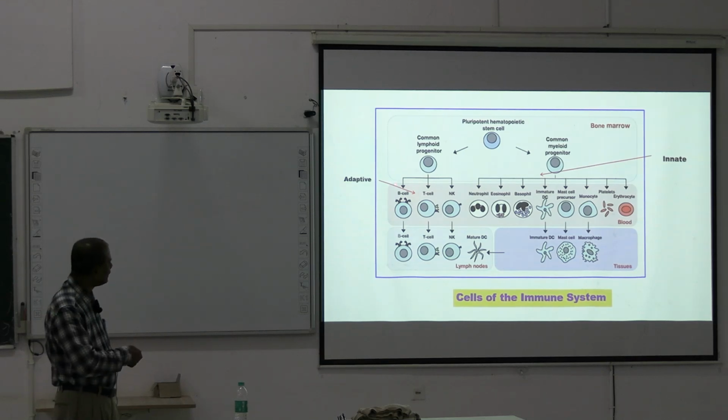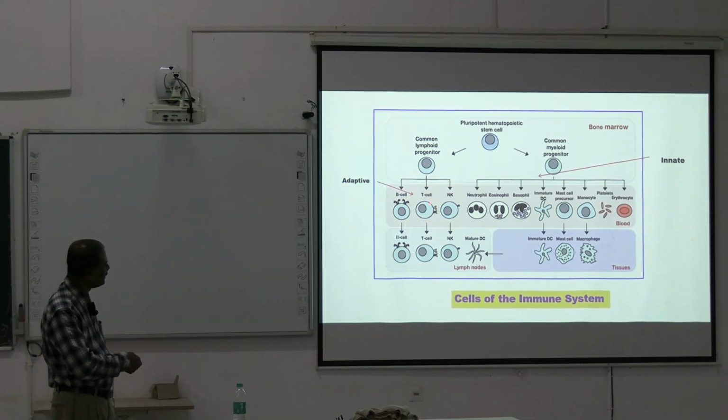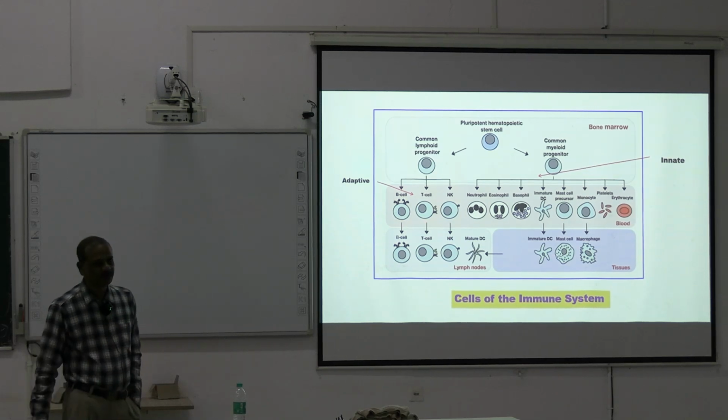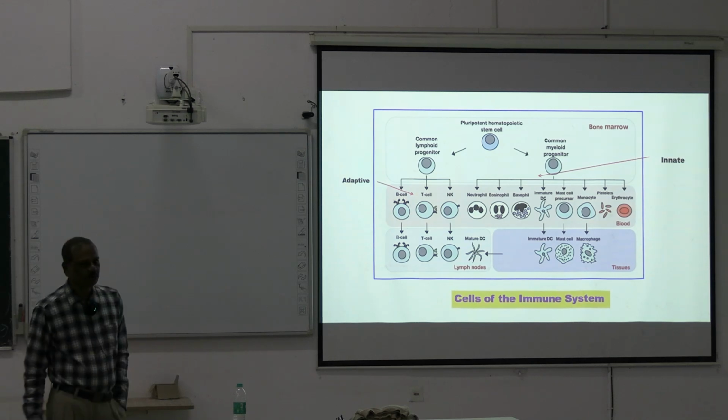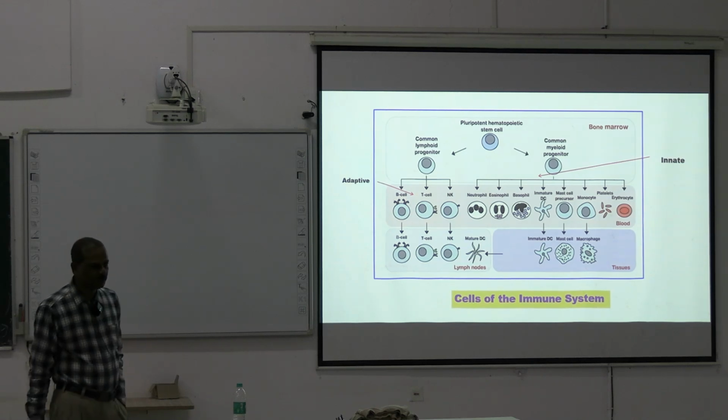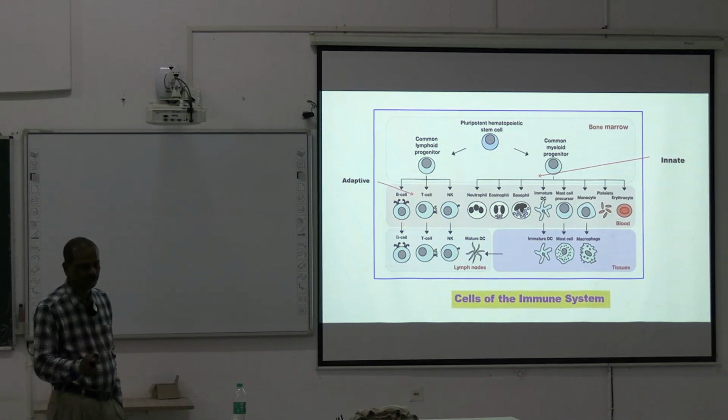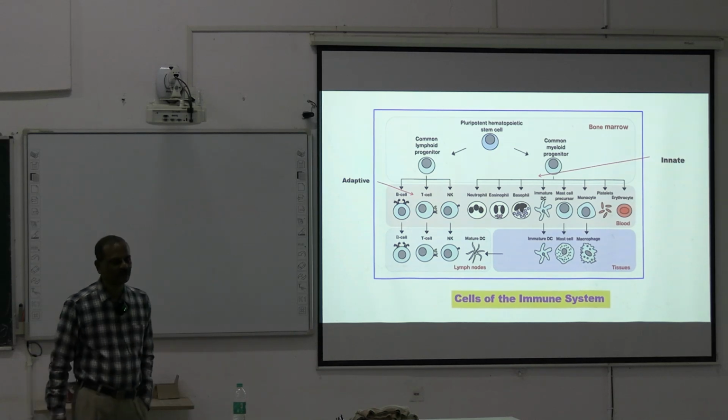From those progenitor cells, they are finally processed into the lymph nodes. This adaptive immunity is in the lymph node, and the cells are present in many tissues, all the tissues. In the blood we have neutrophil, eosinophil, basophil, monocyte and lymphocyte. Only lymphocyte is there in the lymphoid organ.